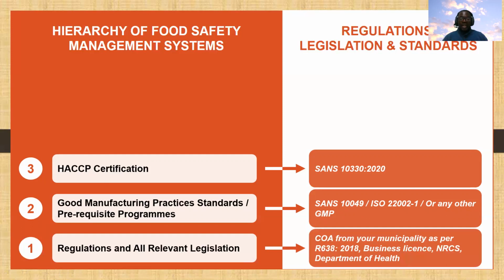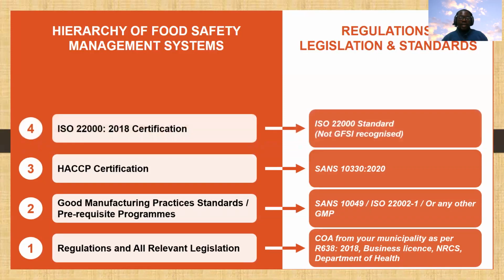Also, if you're in the meat processing industry, because of the new regulation that compels those organizations to have an accredited HACCP system, then you'll have to implement it. The key thing here is that it is a South African national standard, and it's not an international standard. Then you can decide to go a step higher and implement an international management system standard.